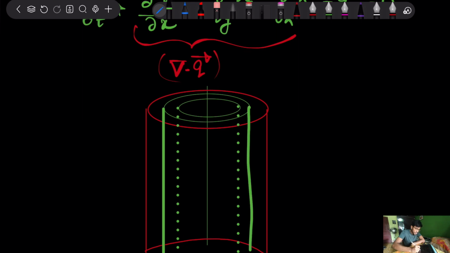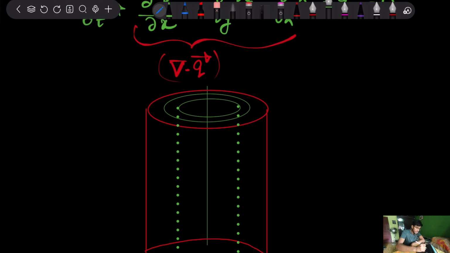Let me draw with another pen actually. This and this.